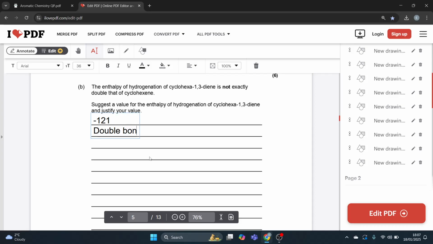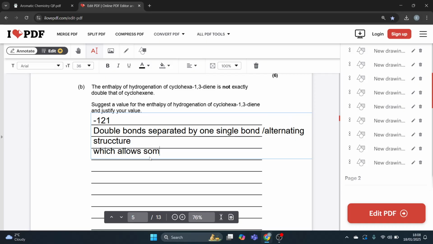Well, because the double bonds are separated by one single bond, an alternating structure, which allows some delocalization, overlap of p orbitals.